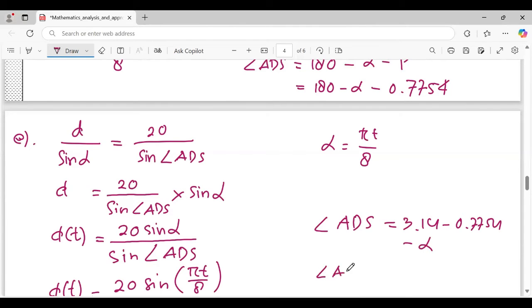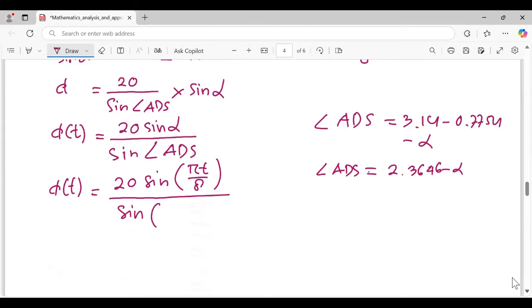So angle ADS equals 2.3646 minus alpha. So I'd like to write here sine of 2.3646 minus alpha.